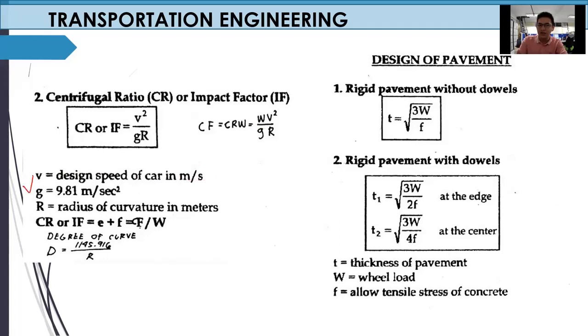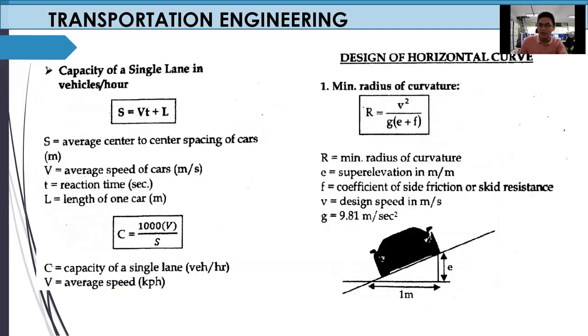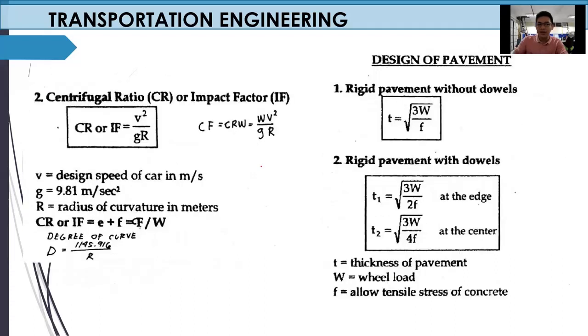G is gravity. R is yung radius natin of curvature. So, binibigay yan, or yung kanina na na-solve na natin yung R natin, yung radius of curvature. And then, yung CR or IF natin, pwede din siya makuha using yung E plus F natin. Or yung centrifugal force divided by weight.